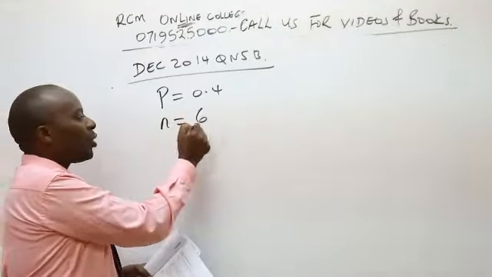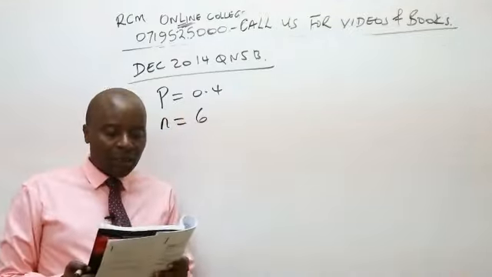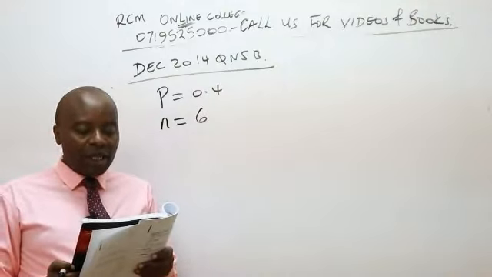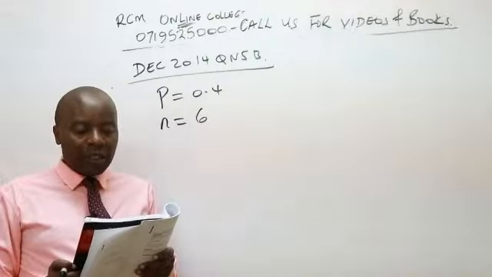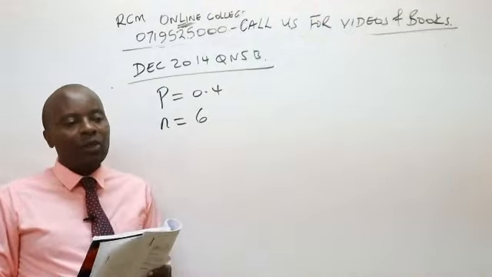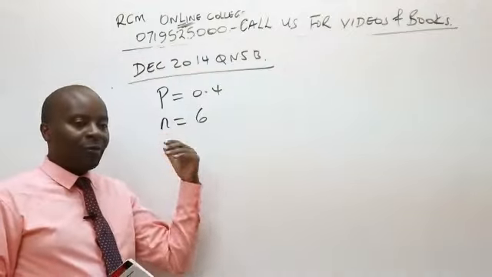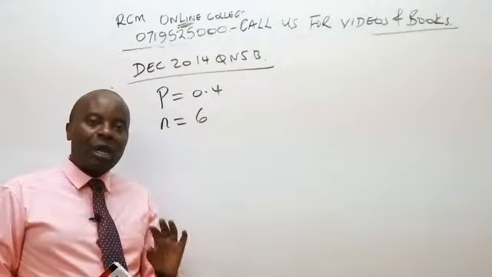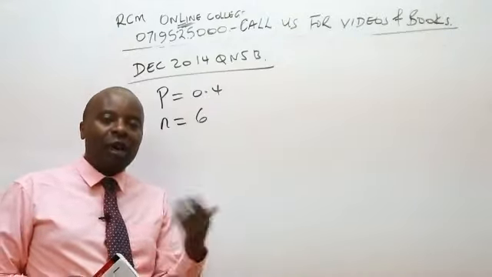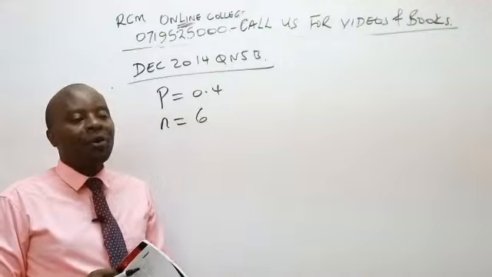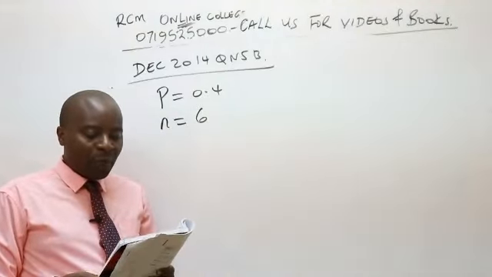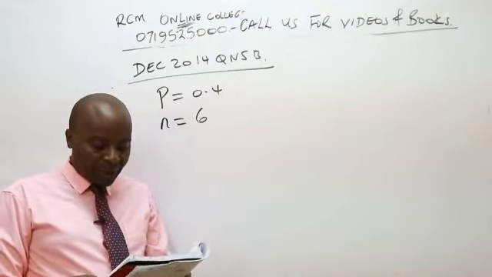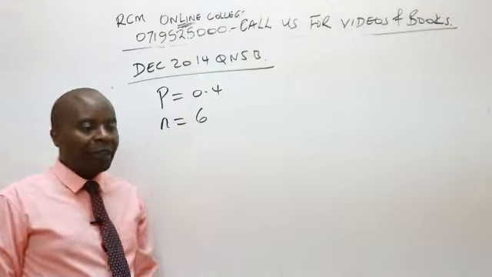So our N there is 6. The probability that only one household was affected, ladies and gentlemen, this probability is too huge, 40%. And given the fact that we have only 2 possible outcomes, it's either you are affected or not affected, then the better model to use to ascertain these probabilities will be the binomial model.